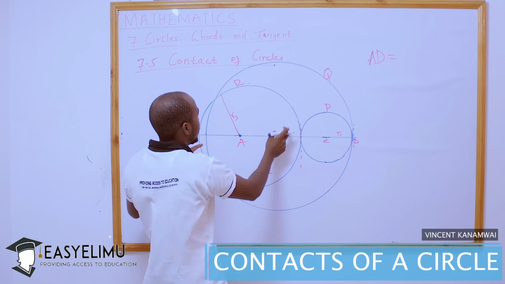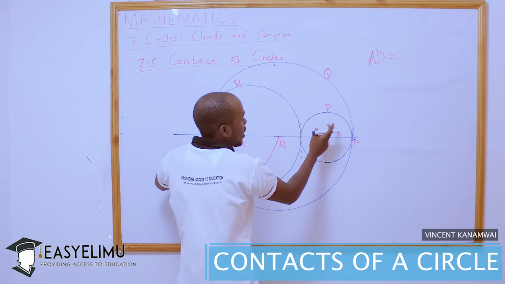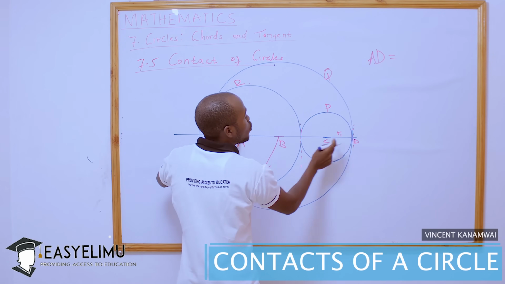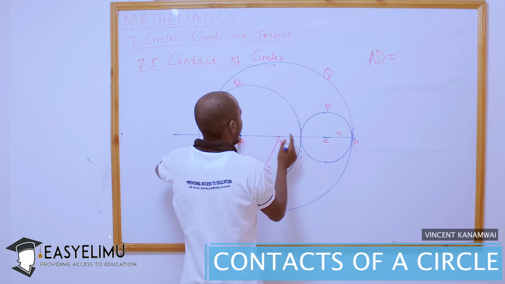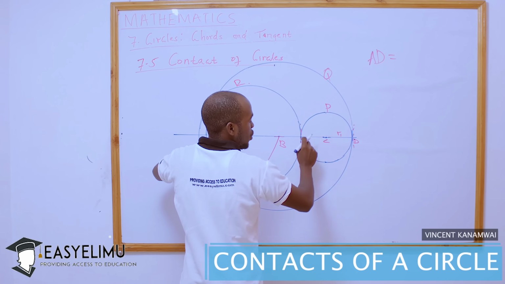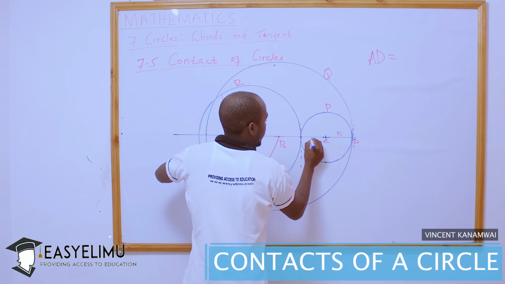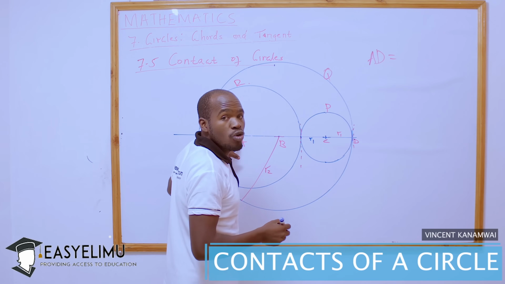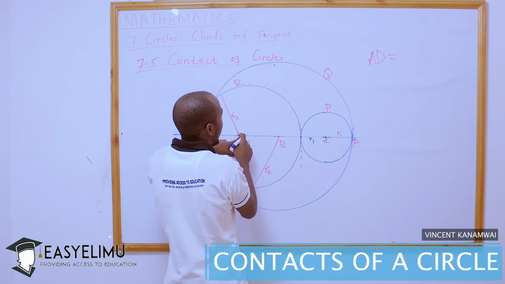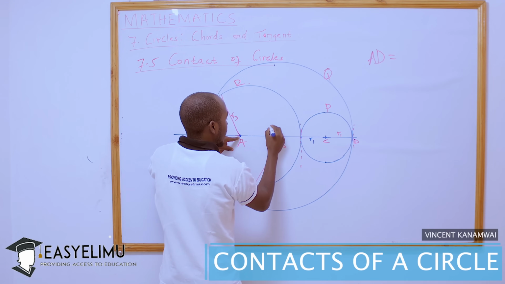And here we are having this circle of radius R3 and the circle of radius R1 having contact here. So we need the distance from A to D, and that one is the diameter of the circle P, because the radius of the circle P is R1, so the diameter will be 2R1. And then the radius of the larger circle from this point to here is R3.